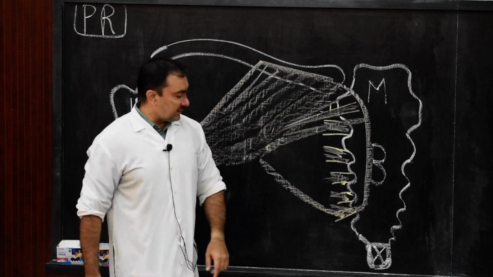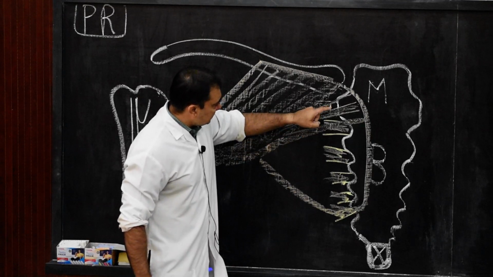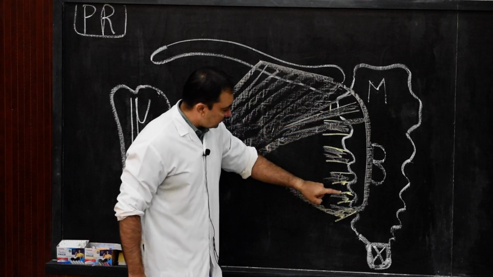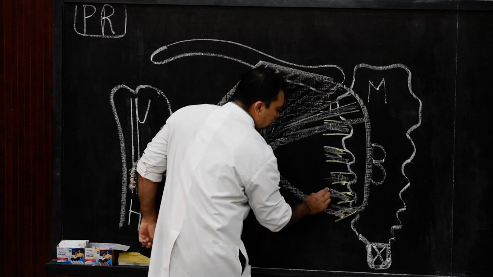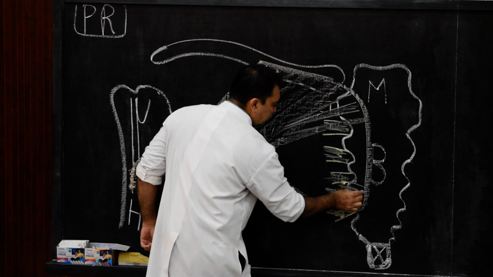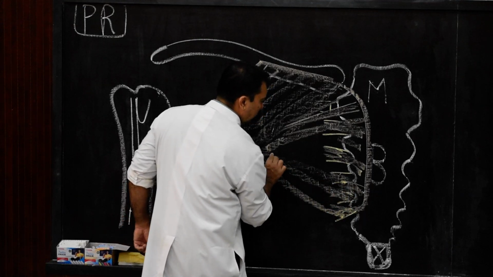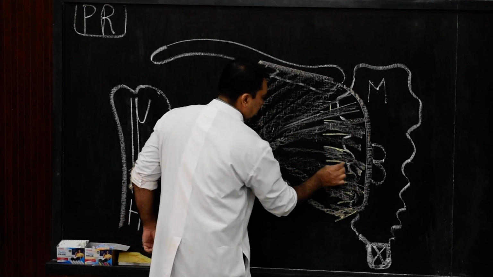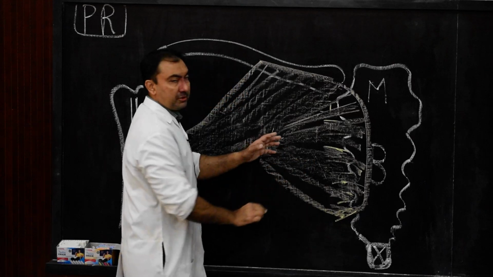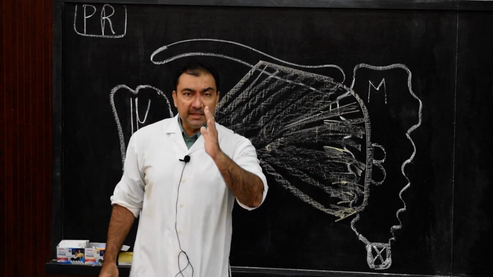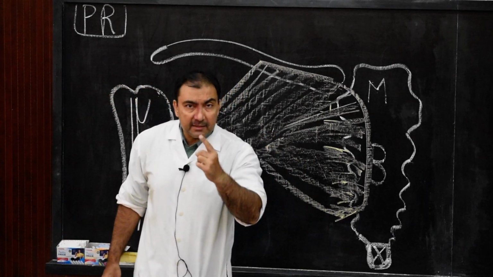and the fifth costal cartilage. Which is the fifth costal cartilage? This was first, second, third, fourth and fifth. So from the fifth costal cartilage and sternal margin, these fibers will form the deep portion of the anterior lamina.